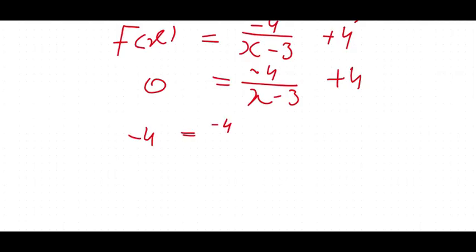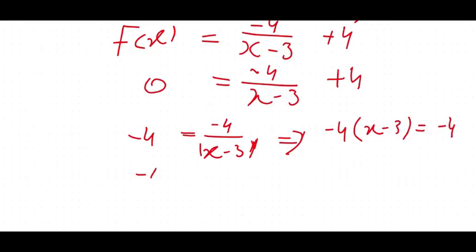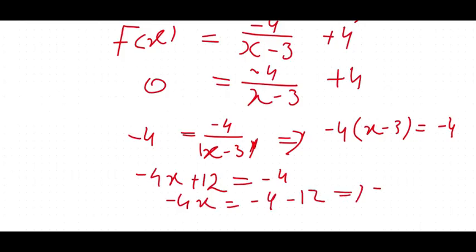So what we have to do is multiply by this term. When we take it to this side, it becomes minus 4 into x minus 3 equals minus 4. So minus 4x plus 12 equals minus 4. And we have minus 4x equals minus 4 minus 12. It gives you minus 4x equals minus 16.